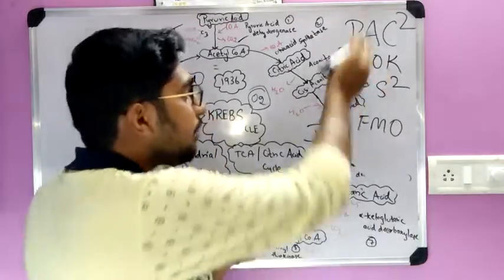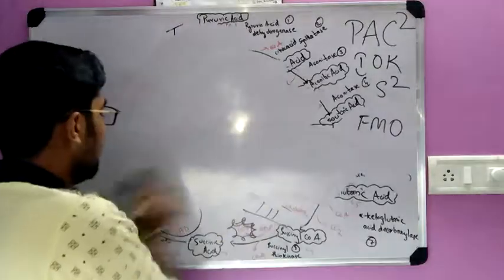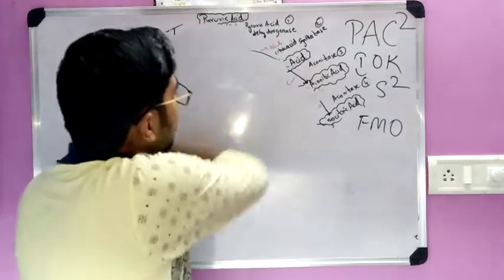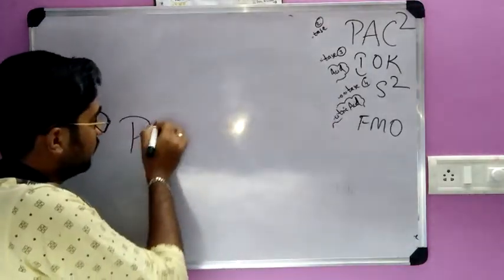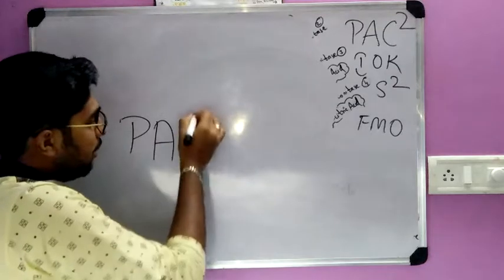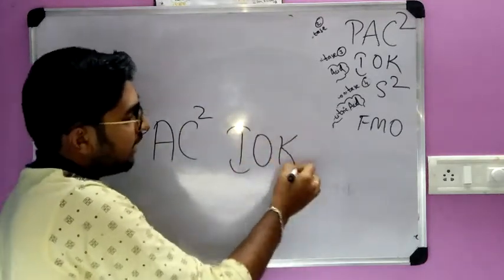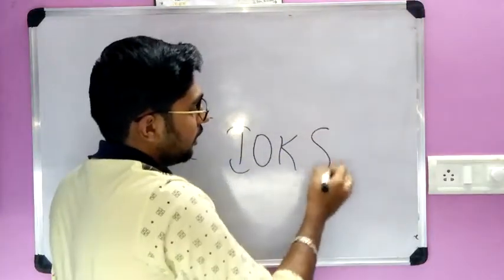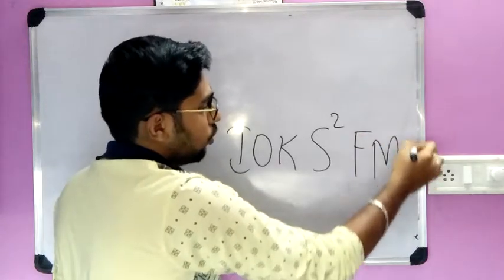So this is as simple as this. If you just remember this much, the entire Krebs cycle becomes easy. PACK square, IOK, S square, FMO.